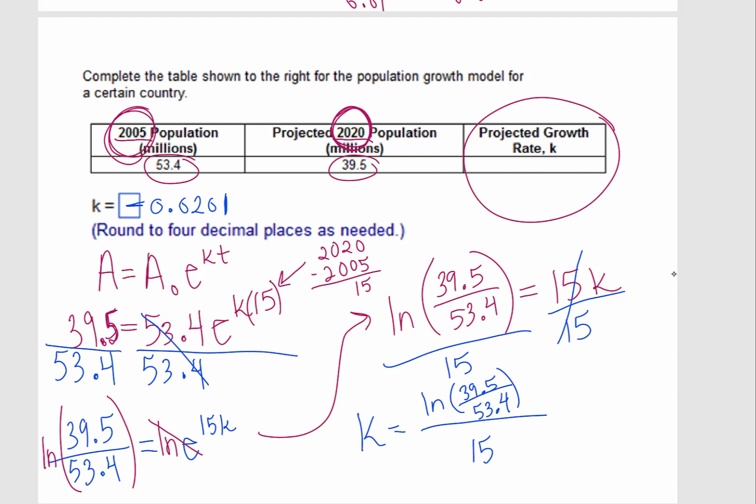Because it's negative. Now, when we look at the information, that makes sense. Because look, 53.4 in 2005. Well, if they're projecting that in 2020, in 15 years, it's going to drop down to 39.5, then that growth rate would have to be negative in order for that to happen. So just keep that in mind, and don't let that throw you when you're solving for growth rates if your K ends up being negative.